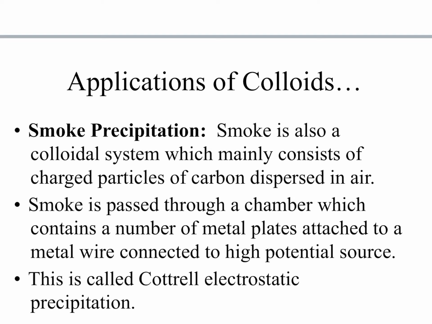As the smoke particles come into contact with these electrodes, the charge present on these carbon particles will be neutralized, and once neutralized, they will come together and form larger aggregates and settle down at the bottom. The particle-free gases can be liberated into the outside without much harm.